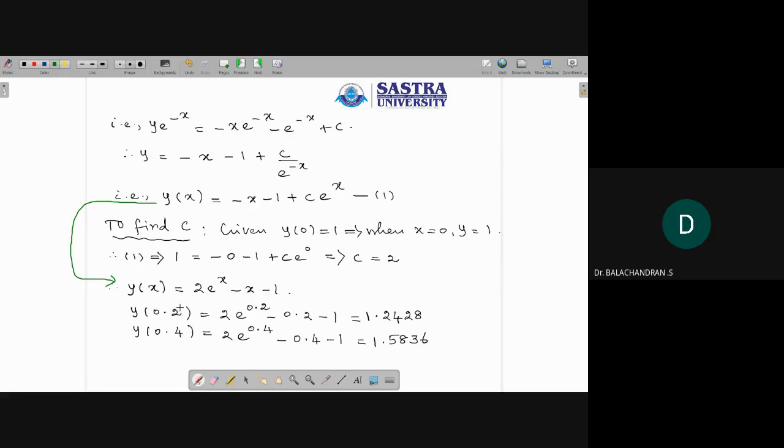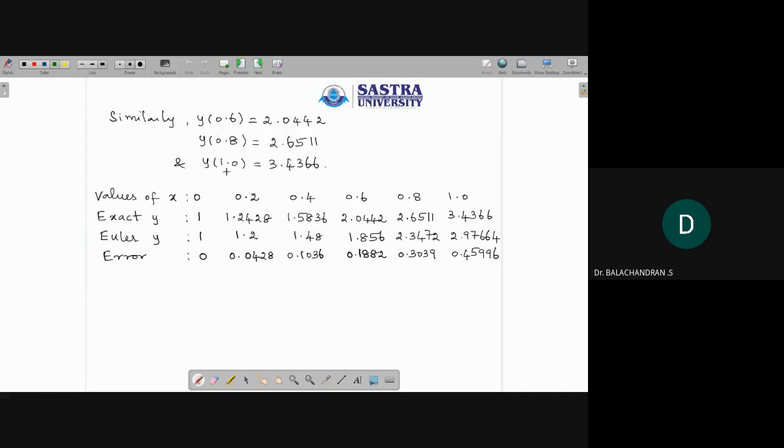But in the question, already numerically we got the values of y of 0.2, y of 0.4, 0.6, 0.8, and then 1. So now substitute x equal to 0.2, and using calculator you should find the value; later you can check it. Okay. And similarly, y of 0.4, substitute x is equal to 0.4 and get this value, and 0.6, 0.8. So now you should write here the values of x: 0, 0.2 up to 1.